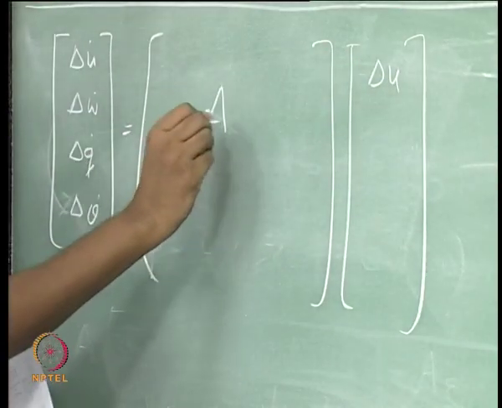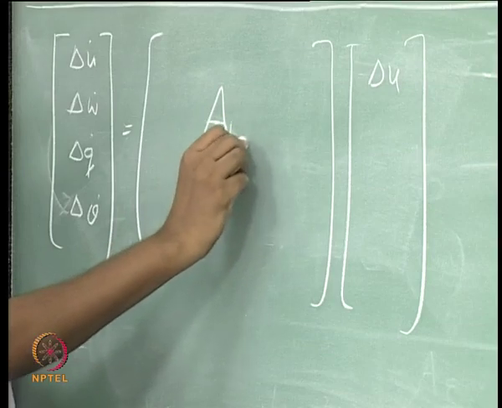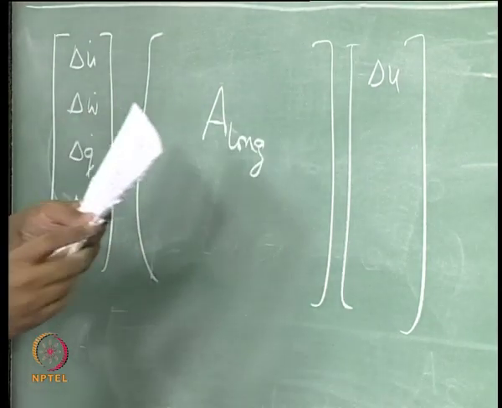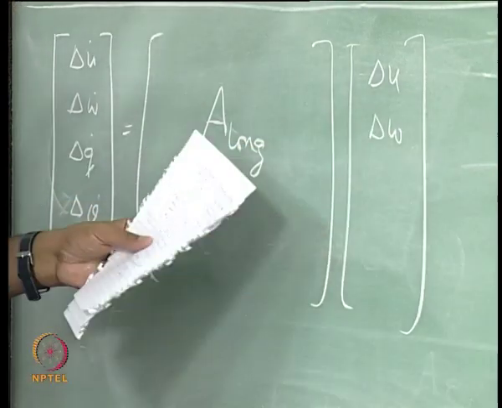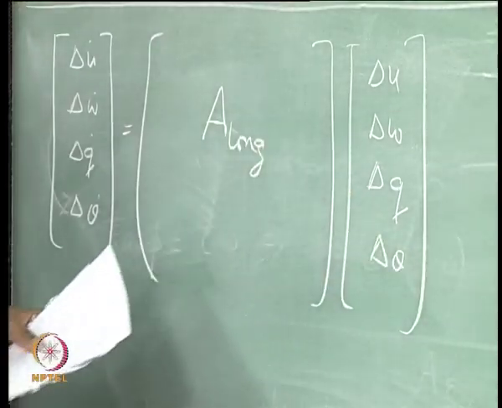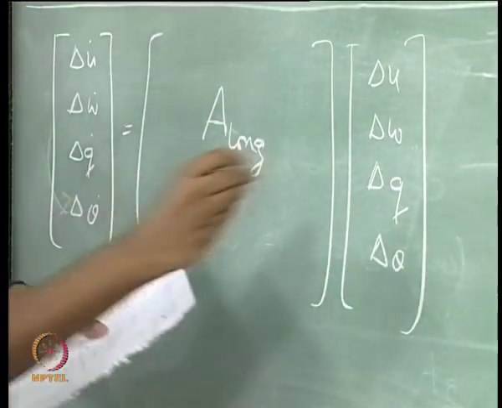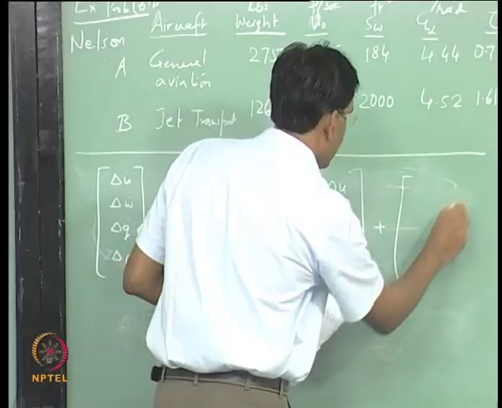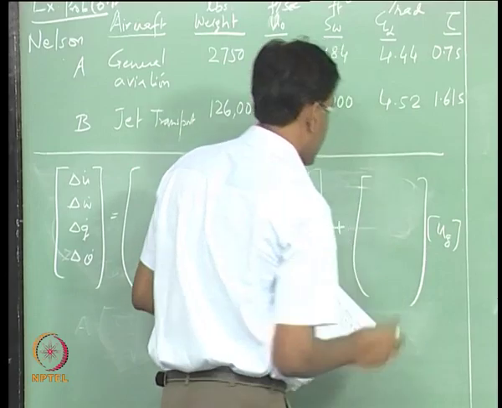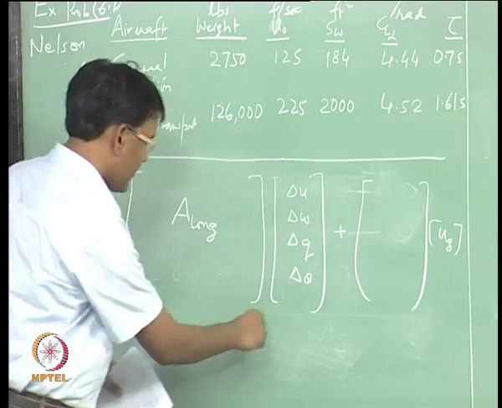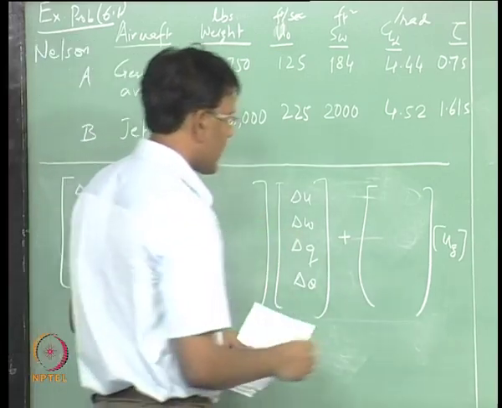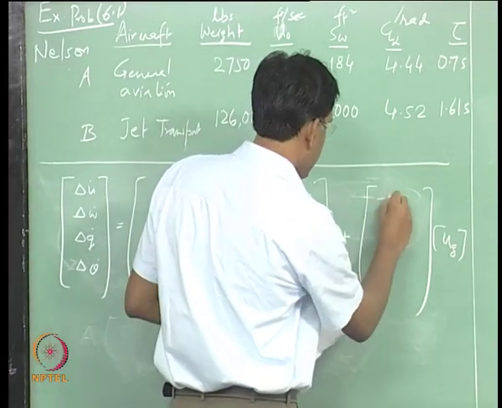So, this is our original A matrix in the longitudinal motion. And we have seen how we can include the gust. So, I am dropping here the control inputs, looking directly at the gust input.